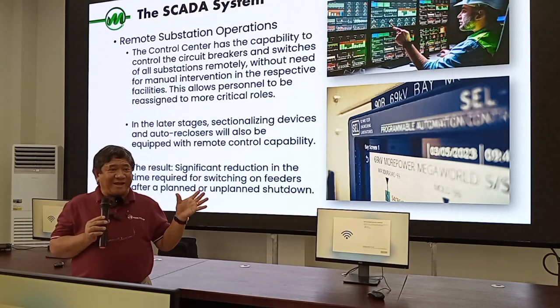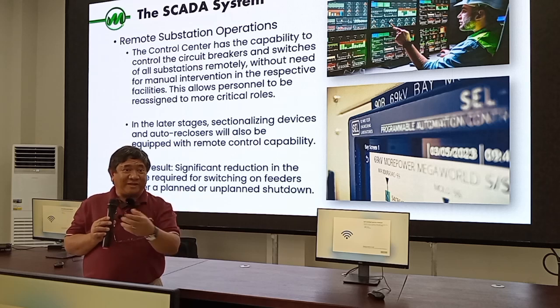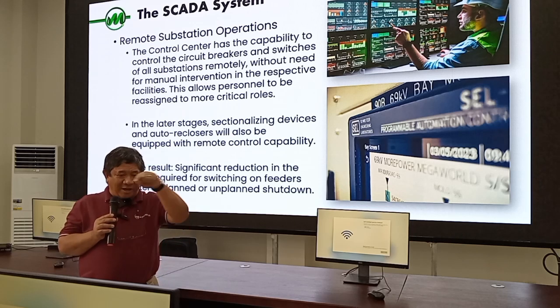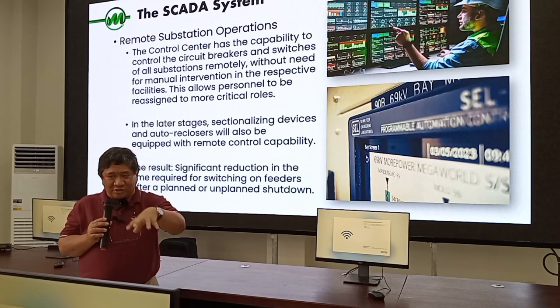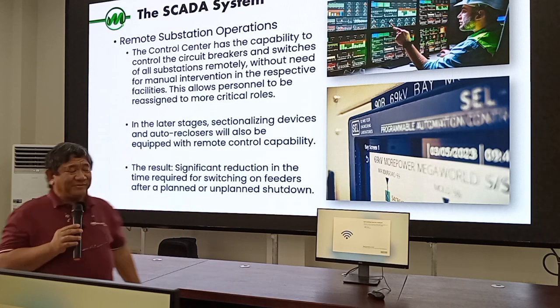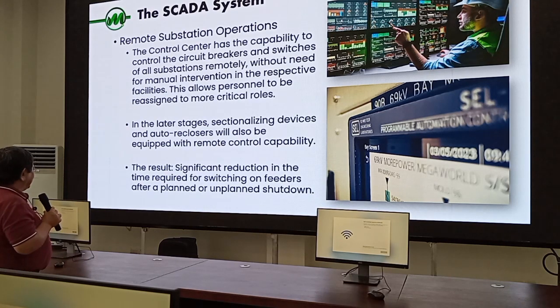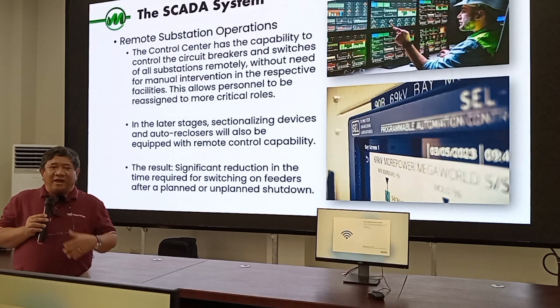So lahat yan actually are also SCADA capable, and they will be connected. So the brain is not only among the substations, it will actually go to the next level, which are the facilities at the feeders. So the result, there should be significant reduction in the time required for switching on feeders from a planned or unplanned shutdown.